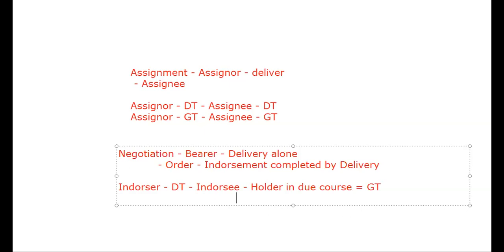If the endorsee is a holder not in due course, then that's the time that he will acquire a defective title. So, ang point natin dito, the title of the endorsee does not depend on the kind of title that the endorser has in the instrument.